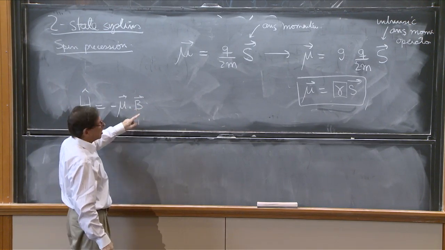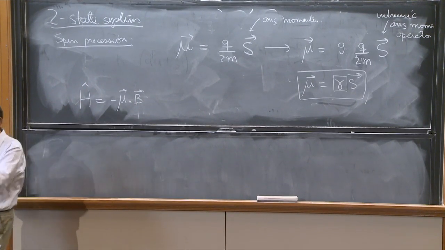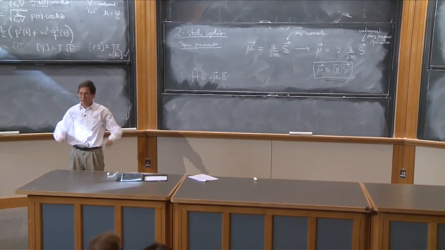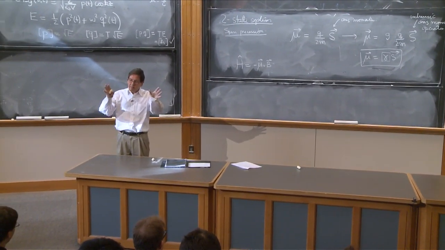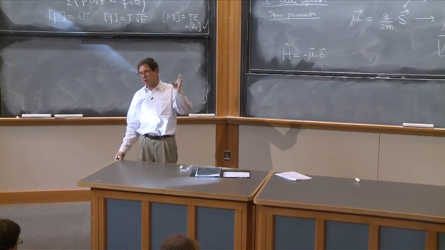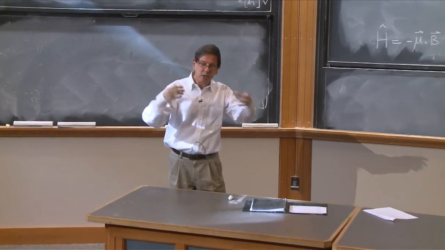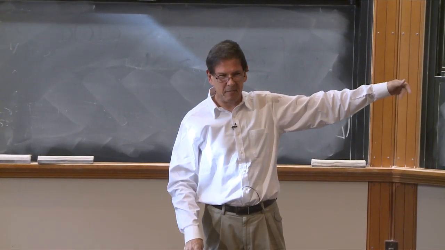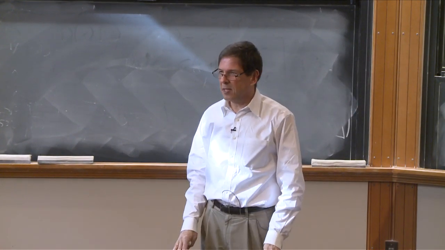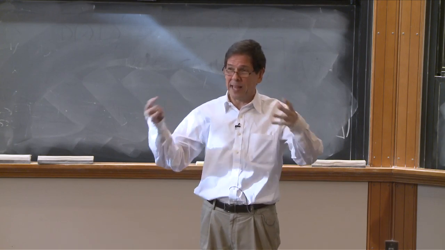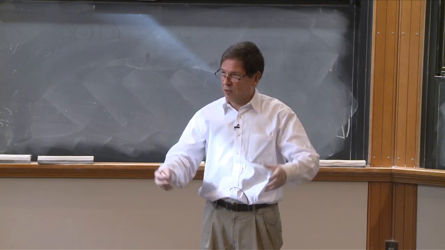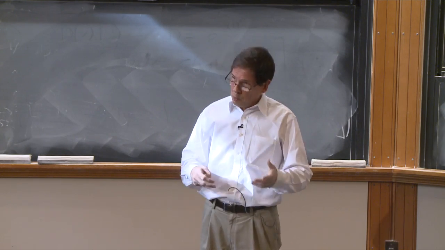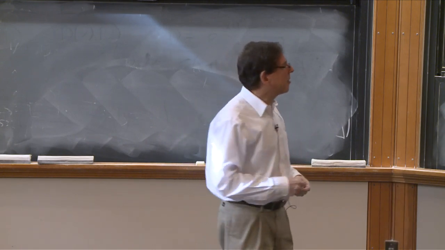B, at this moment, even though we were just talking about photon states, will be a static magnetic field typically. It can be time dependent, but it will not be sufficiently important if it has time dependence that we have to quantize it and think of it as a quantum field. But in some problems of radiation of electromagnetic fields by the motion of spins, you would have to quantize the electromagnetic field.